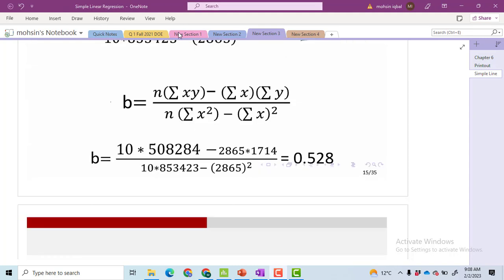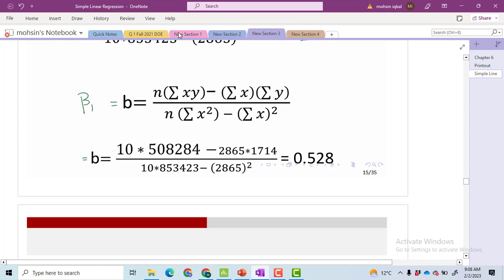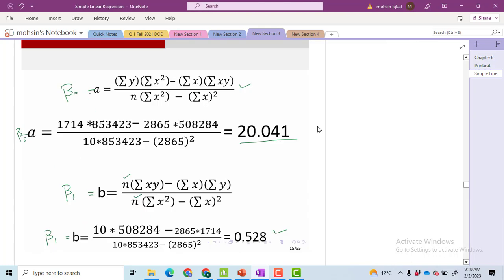Then the second formula is for beta 1, or we can call it small b. Again all of these values have been calculated, and n is the number of observations. Upon putting all of these values I got 0.528. So this was the first method, in which you calculate beta naught and beta 1 both using the formulas.